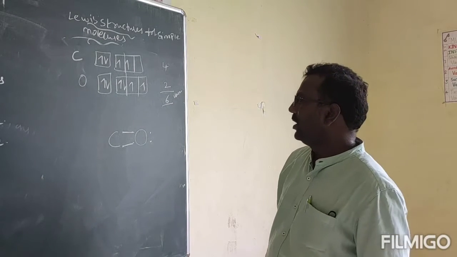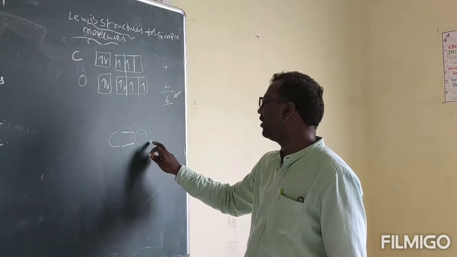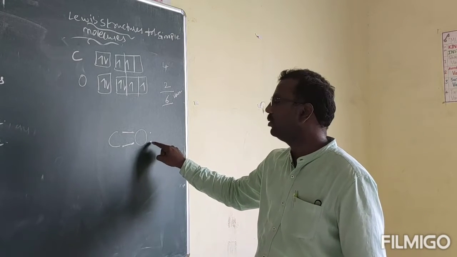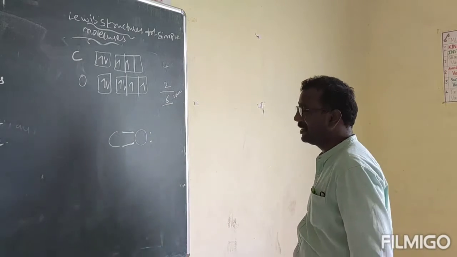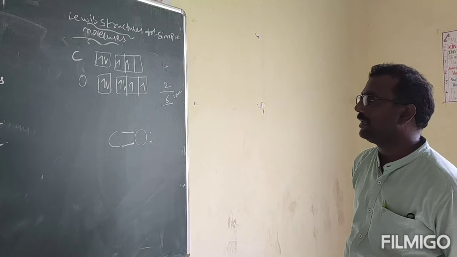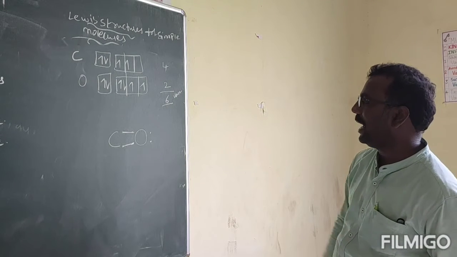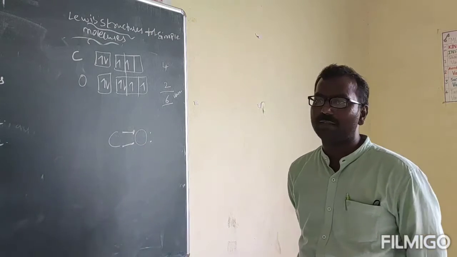Next, now you check the valency of oxygen. What is the valency of oxygen? 1, 2, 3, 4, 5, 6 only. But it needs 8 electrons to be fulfilled. Then how? We have taken oxygen's 2 electrons, and it was filled.